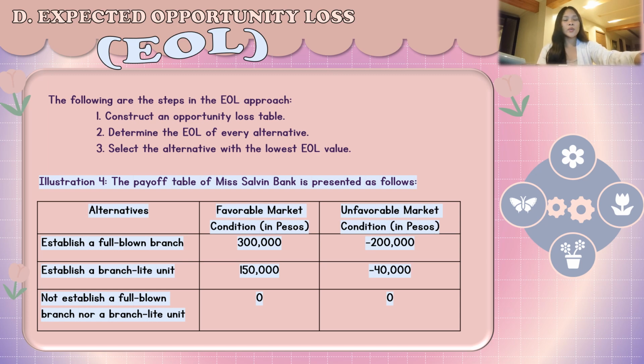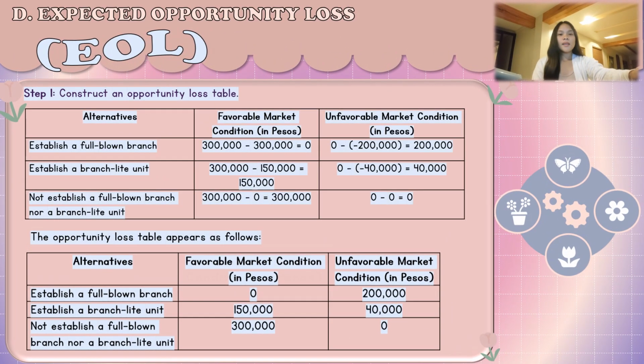Establish a branch-like unit is the second alternative, which has 150,000 favorable market conditions and negative 40,000 unfavorable market conditions. Not establish a full-blown branch nor a branch-like unit is the last alternative, which has 0 favorable market conditions and 0 unfavorable market conditions. The probabilities are 60% for favorable market conditions and 40% for unfavorable market conditions.